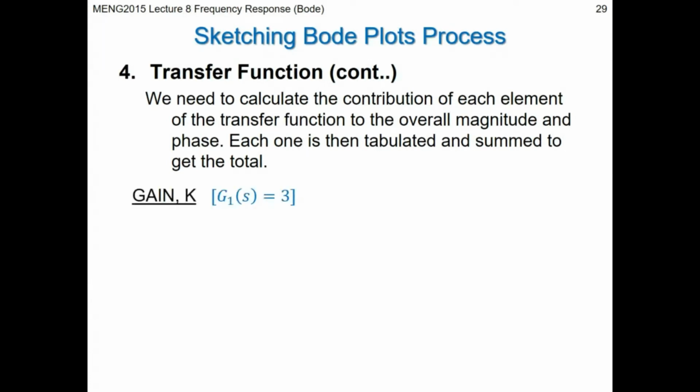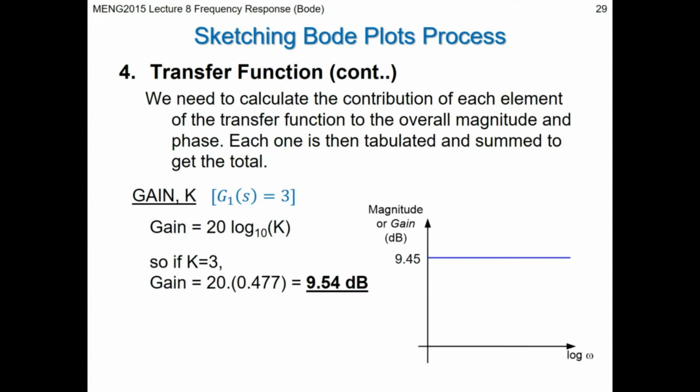So we're going to go through each element and look at how it's plotted. For the gain, that's our term G1 equals 3. That one is straightforward for getting the magnitude plot, the gain plot. We just take the value k, take the log of it, and then multiply it by 20. In this case, k equals 3.